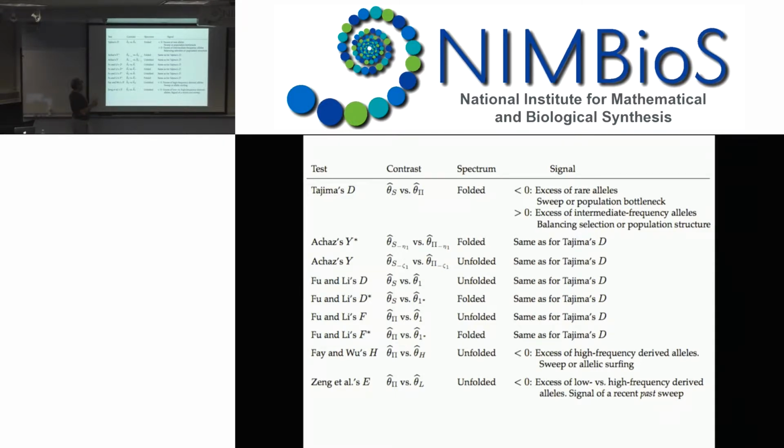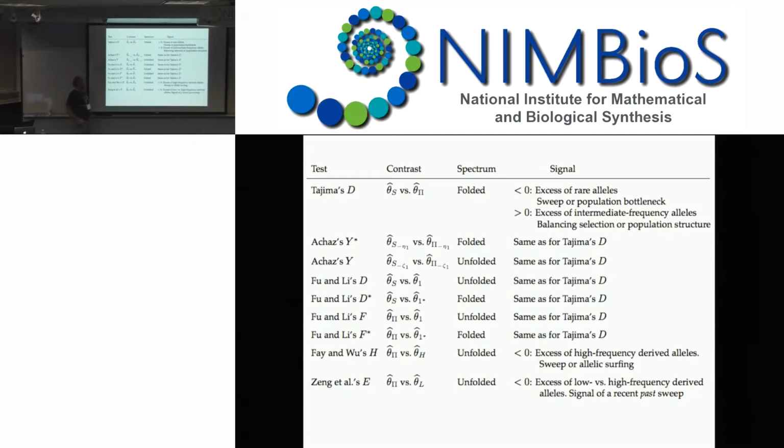This is comparing the estimator based upon segregating sites with the estimator based upon nucleotide diversity. A value less than 0 means I have an excess of rare alleles. That's either a sweep or a population bottleneck. A value bigger than 0, I have an excess of intermediate frequency alleles. That means either balancing selection or population structure.